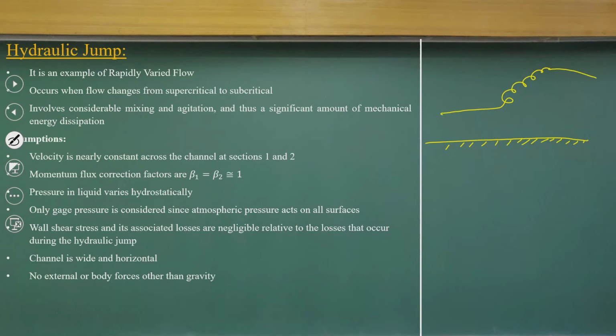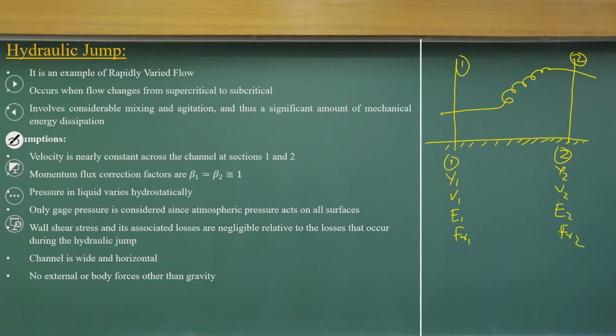This is section 1, and this is section 2. Again I am putting y1, v1, specific energy, y2, v2, specific energy, Froude number 1 and Froude number 2.